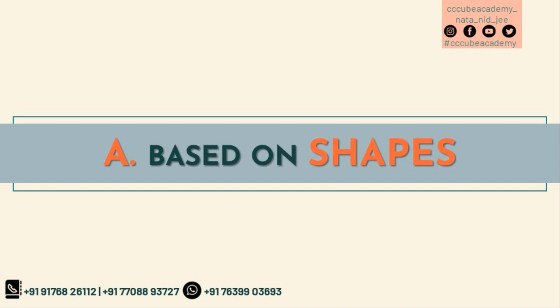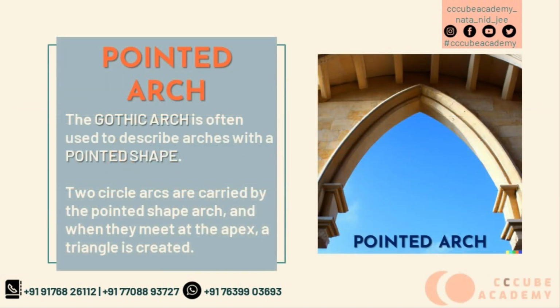First, let us see all the different types of arches based on shape. There are many arches based on shape found in the modern world and throughout architectural history, and the most popular and interesting arches are presented here for our preparation purposes. Pointed arch.